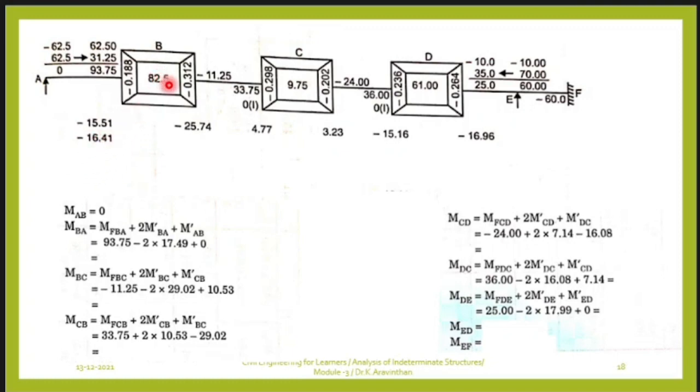And 82.5 minus 15.16 into 0.312, 27.23. 9.75 minus 27.23 into 0.298, 5.05 you are getting.